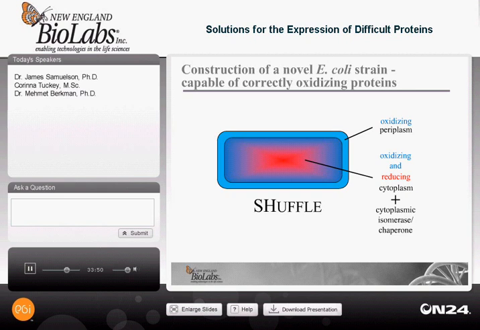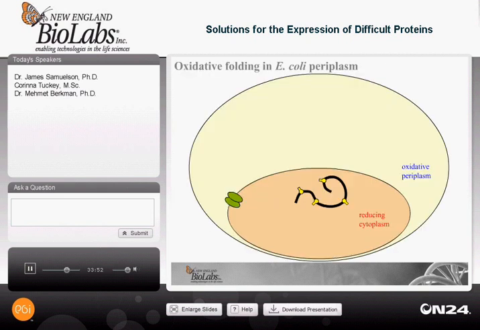Let me begin by showing you how disulfide bonds form in normal wild-type E. coli. As I said, the cytoplasm is a reducing environment, and that is because there are numerous reductases, such as thioredoxins, that will catalyze the reduction of any disulfide bond formed. They receive their reducing potential from NADPH, and if any disulfide bond may form in the cytoplasm, it will quickly be enzymatically reduced to its reduced form.